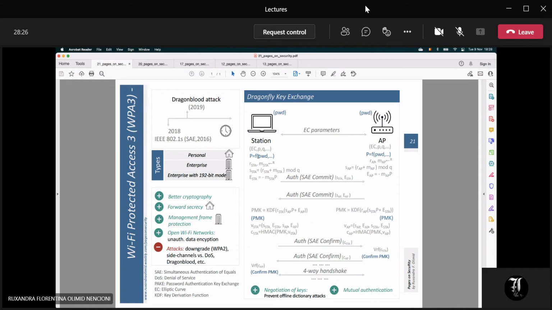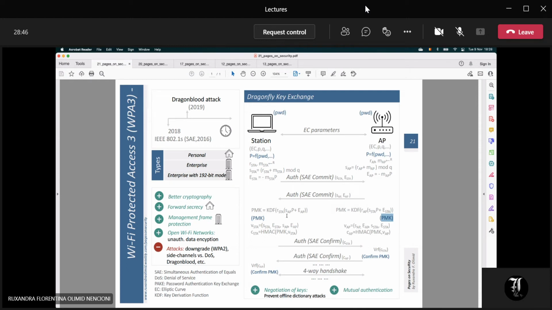So that from a password that might even be weak, we end up with the PMK, the master key, so that it stands against offline dictionary attacks. And why is that? Because it's based on some new nonces.